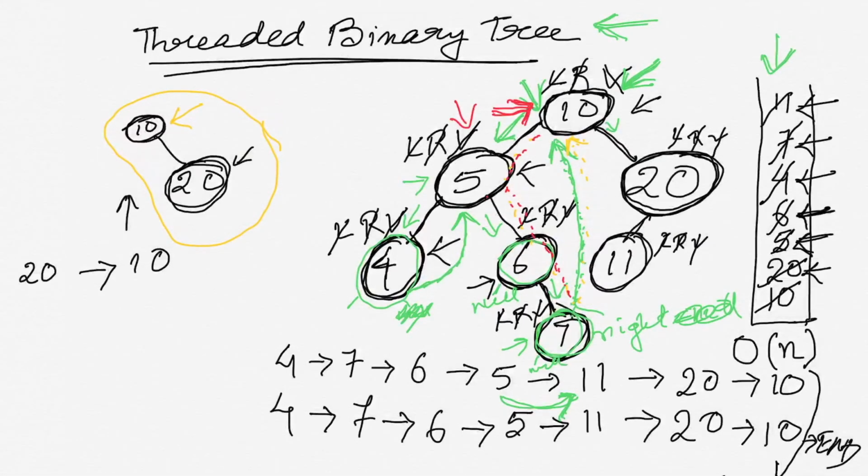Its left child is the node with value 5, and we are going to modify the right child pointer of the node with value 5. So that's why we need to keep the already existing right child of the node with value 5 in a temp, and we change the right child pointer to point to the current node.